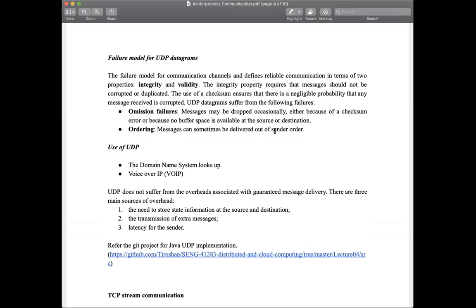And since the communication does not prefer a pre-identified route or connection, some packets may use short paths. Sometimes some messages may use long paths in terms of the routing, right? So then the arrival time will be different. Even the first message may arrive at the destination after the second or third messages.